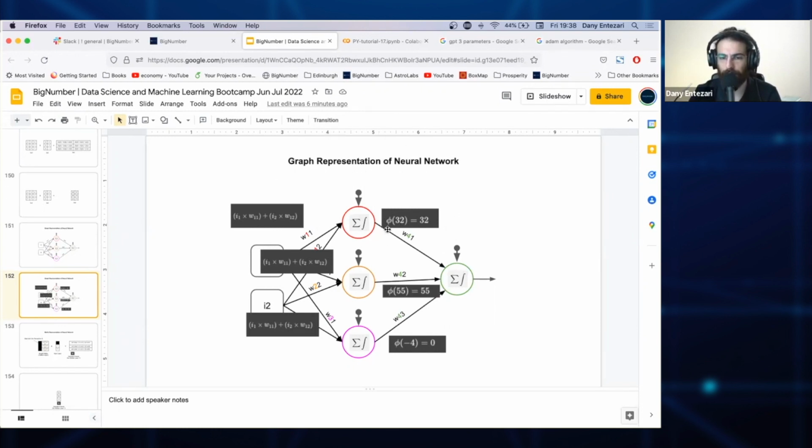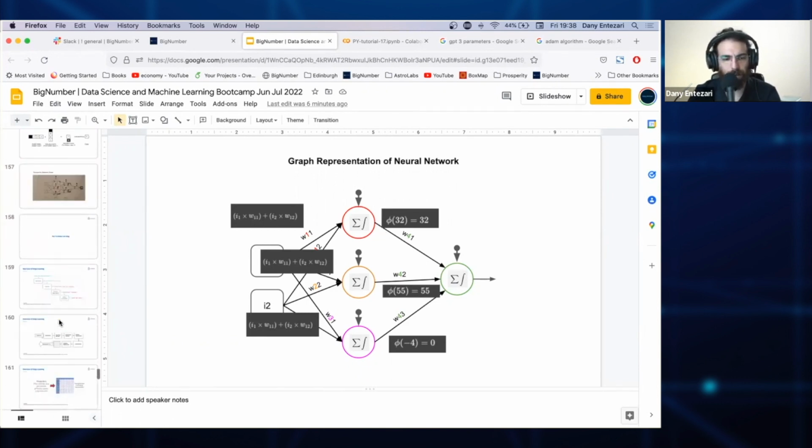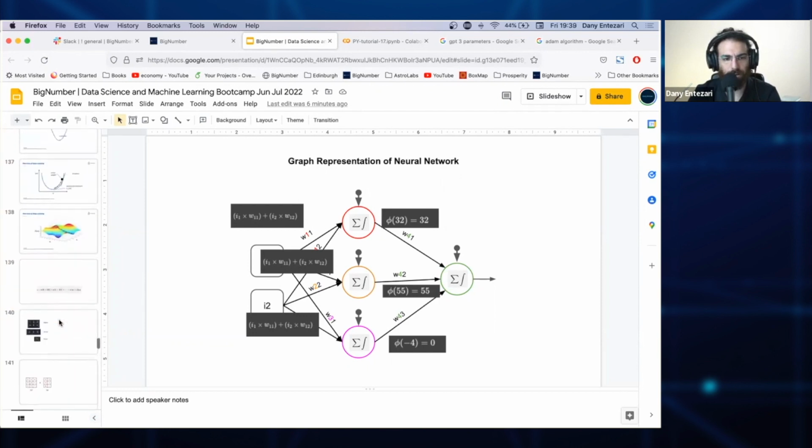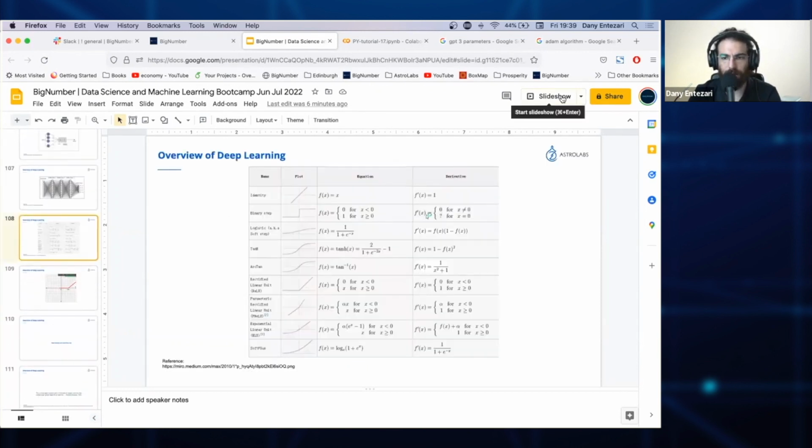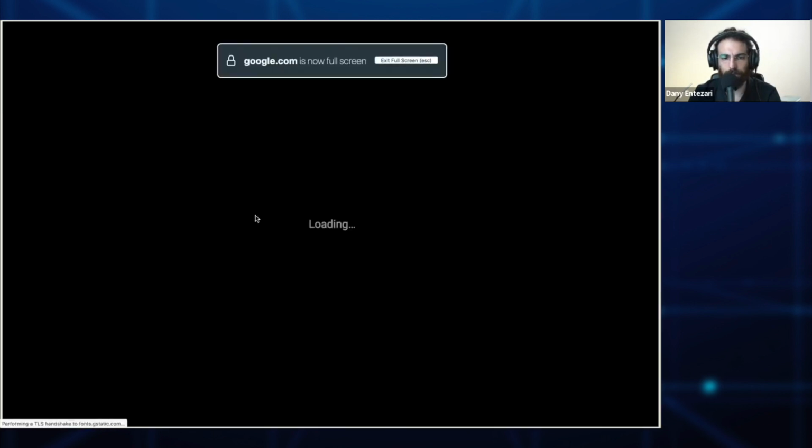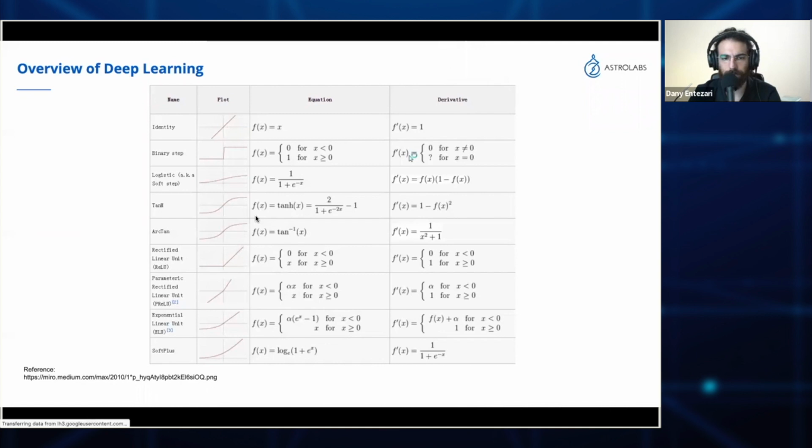This Greek letter phi represents the activation function. What is this activation function? Well, it depends. It depends on what you use for your layer. These are the activation functions you can choose. So this is the rectified linear unit.